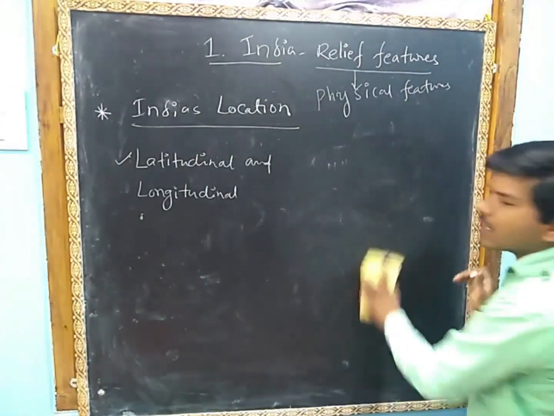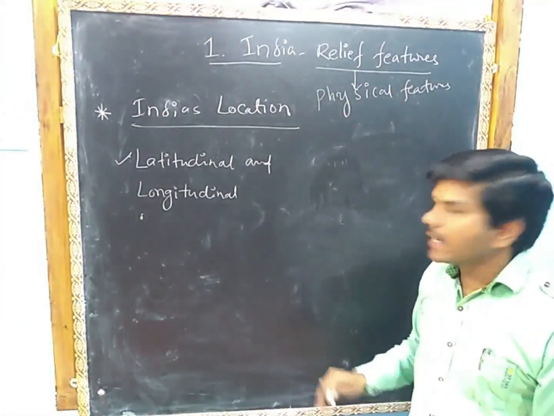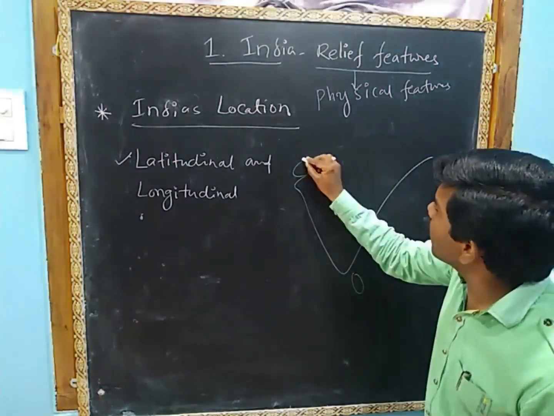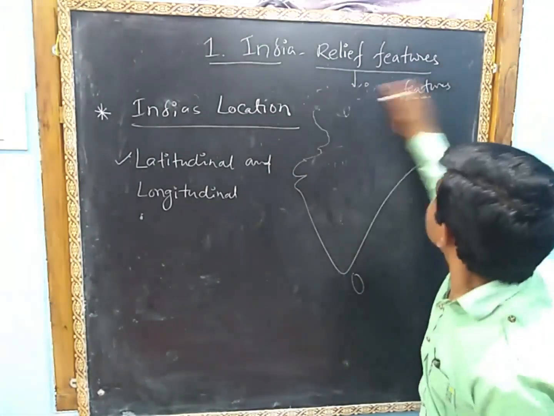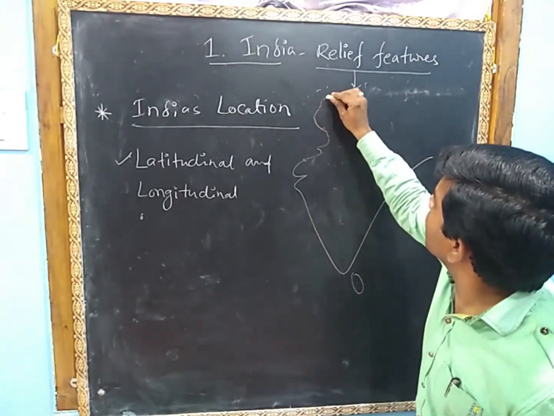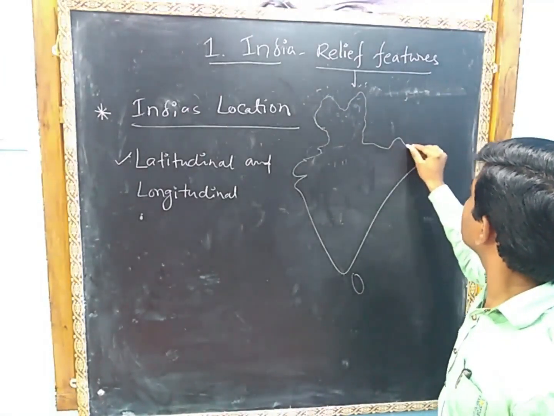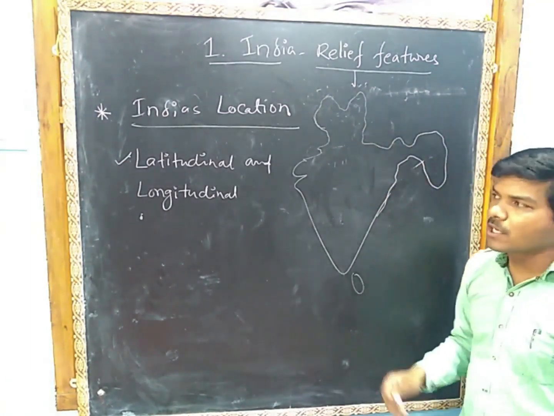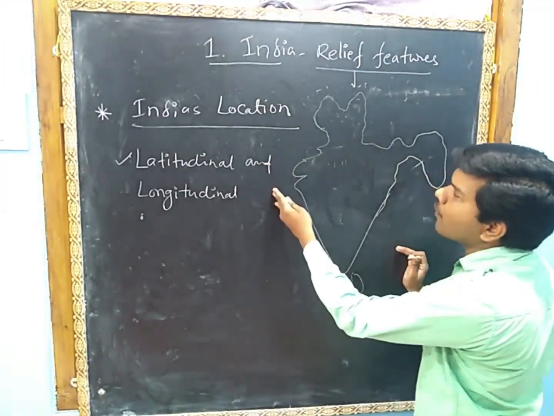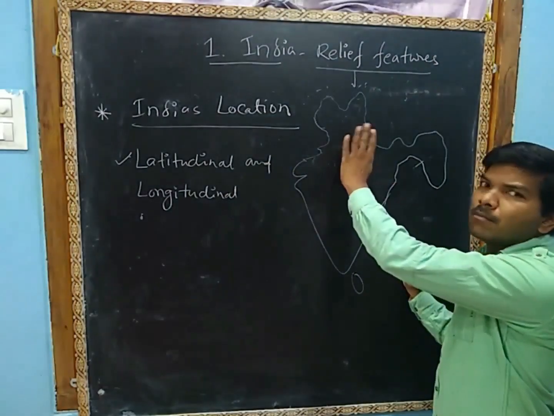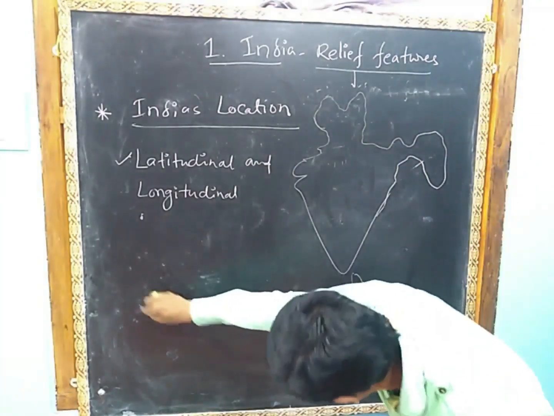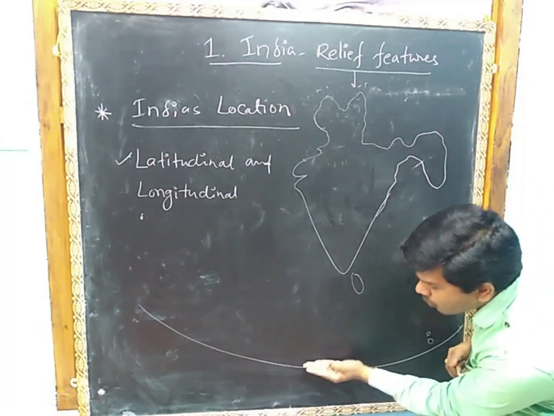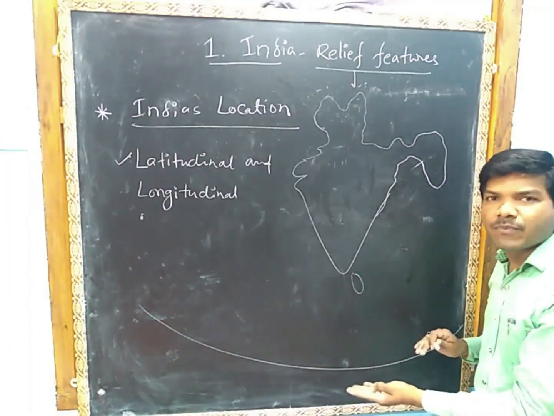Now let us draw one India map. This is a model map of India. The latitudes and longitudes we have to find on the map of India. First, this is the equator, this is 0 degree.